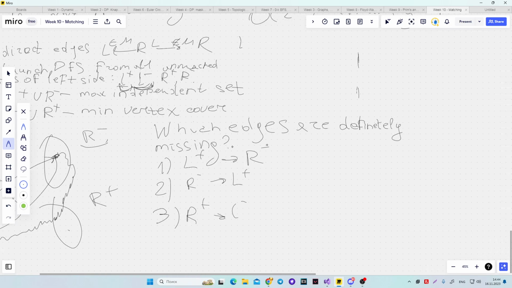So this gives us an independent set: L plus and R minus is an independent set.